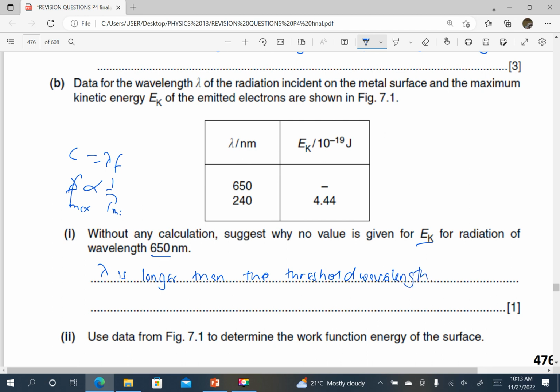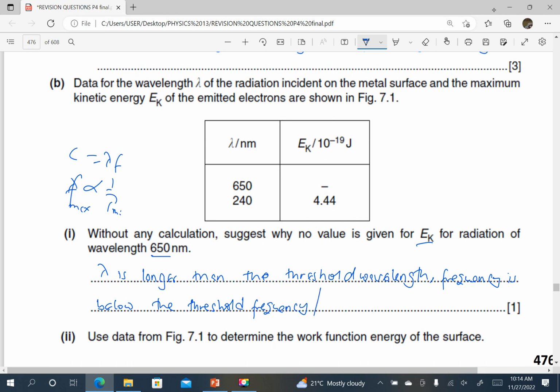And if lambda is longer than the threshold wavelength, there is no emission, so we can't talk about kinetic energy. Or we can say the frequency of the electromagnetic radiation is below the threshold frequency.